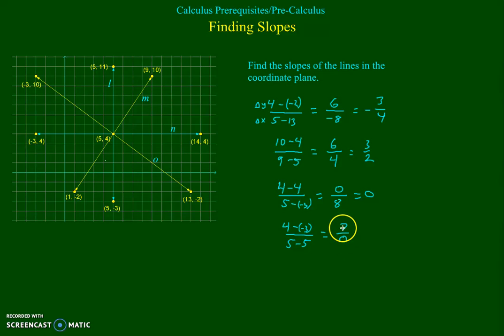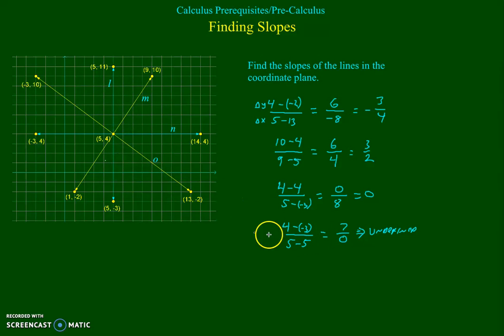So this is undefined. So we say this vertical line has an undefined slope. And one of the central characteristics of slope: all horizontal lines are parallel, all vertical lines are parallel.